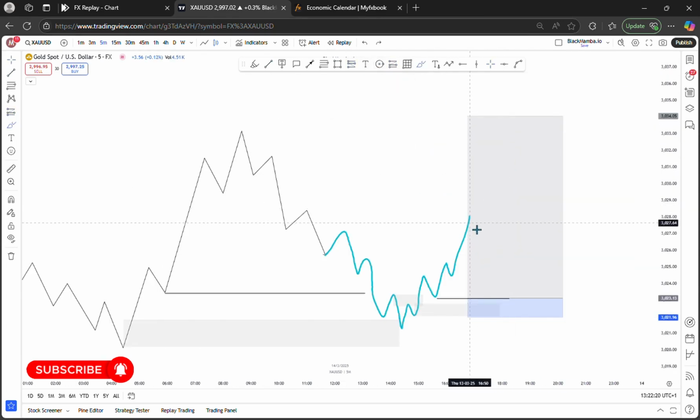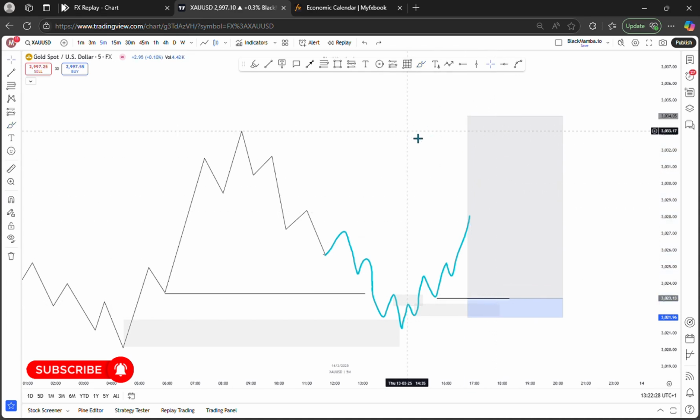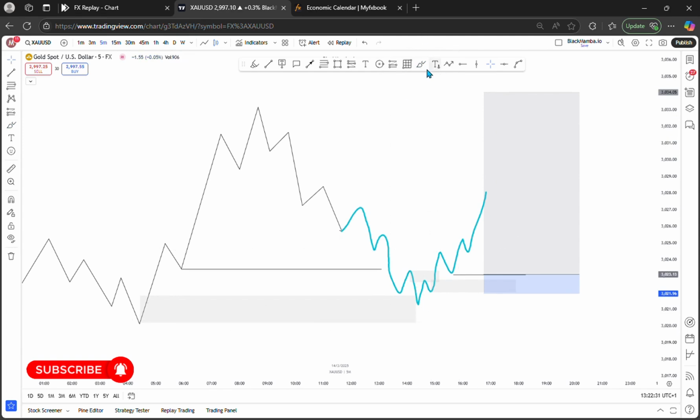I'll be expecting price to retrace back to this zone, then continue buying to the upside. In some scenario, price will not print the type of confirmation I'm looking for to engage in a trade. Price may just tap into this zone and then continue buying aggressively without retracing or giving me confirmation to engage.